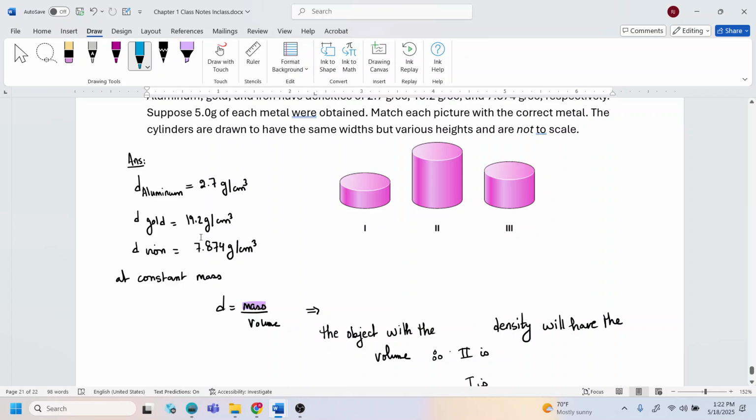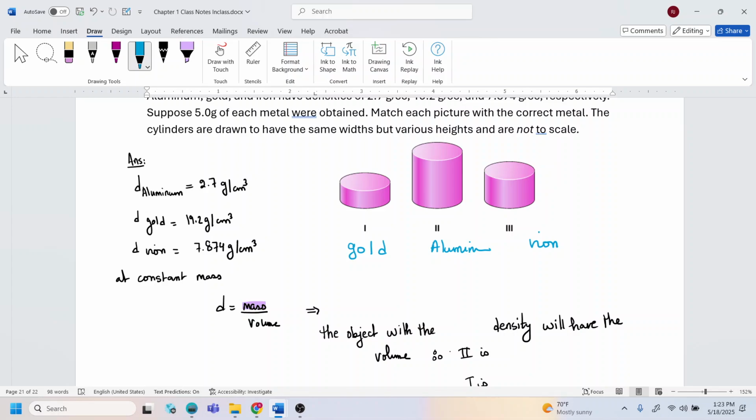So here the density is going to increase. The highest density means the volume has to be the smallest. So I am expecting that 1 is going to be gold, 2 is going to be aluminum, and 3 is going to be iron.